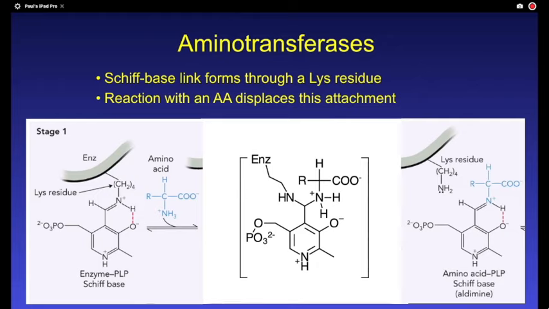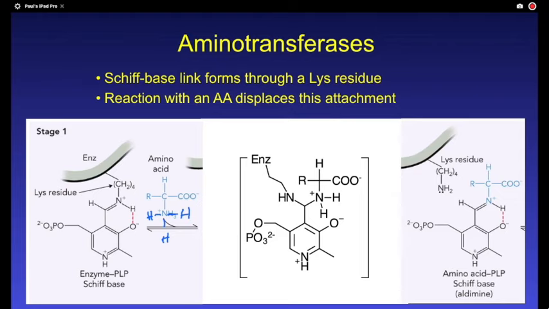The amino acid comes into the enzyme, and it is normally protonated in the form of NH3 with a positive state. That's because of the pKa of the nitrogen and the pH of the solution.